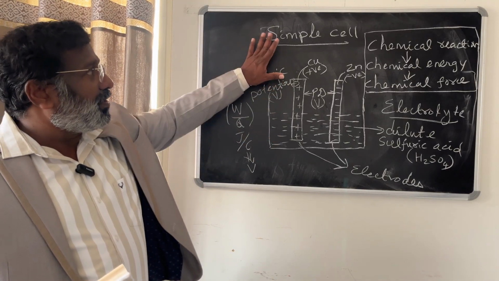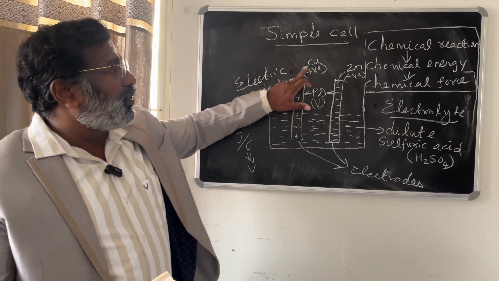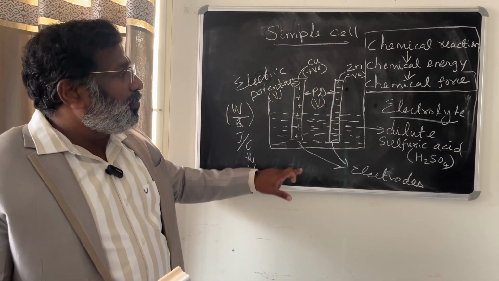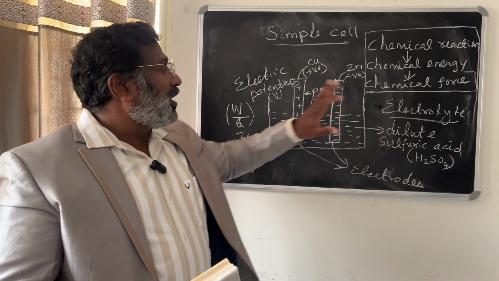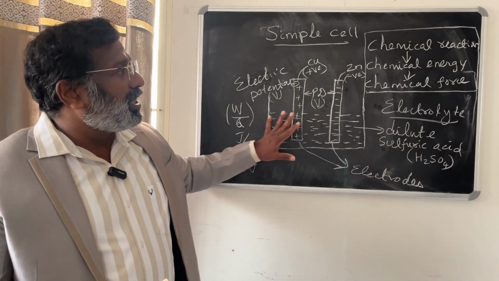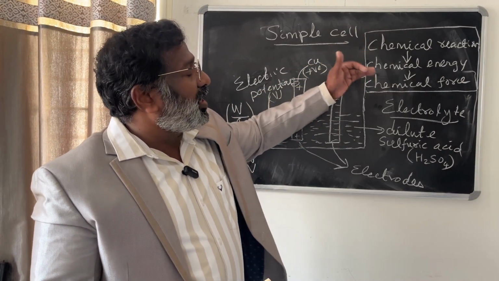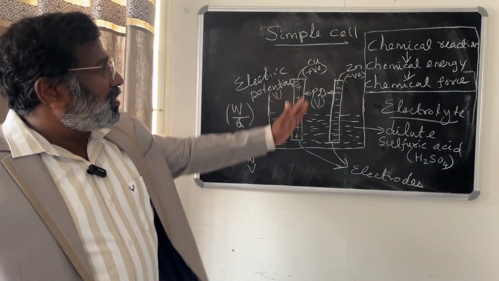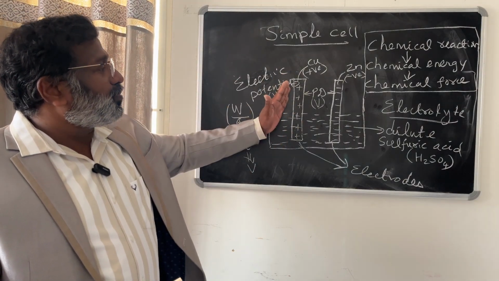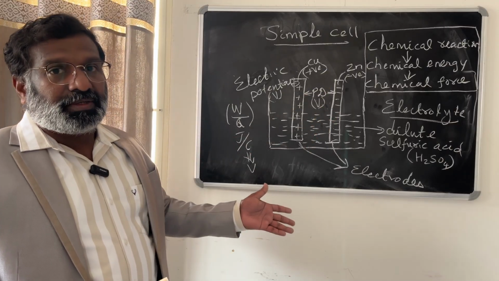The galvanic cell or simple cell has two electrodes, one copper electrode and one zinc electrode, dipped inside dilute sulfuric acid, which acts as an electrolyte. A chemical reaction takes place between the electrodes and electrolyte and releases chemical energy, and that chemical energy has a corresponding chemical force. Because of that, the copper electrode is positively charged and the zinc electrode is negatively charged.